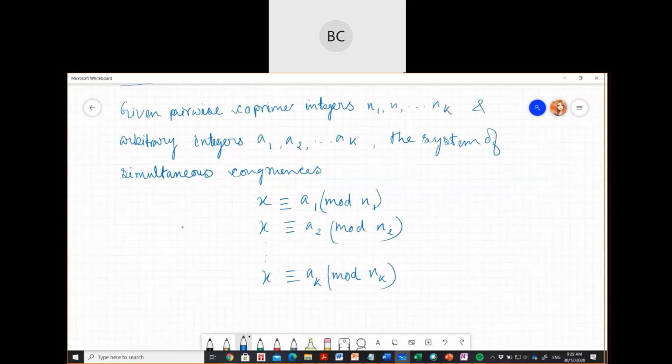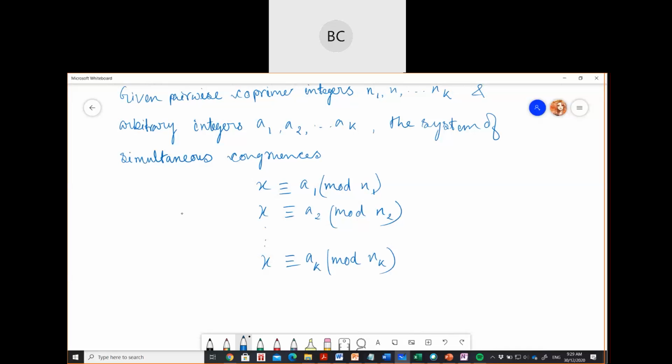Then if there is a certain series of congruent expressions, then the solution for this sequence of equations will be unique modulo n. Solution is unique.